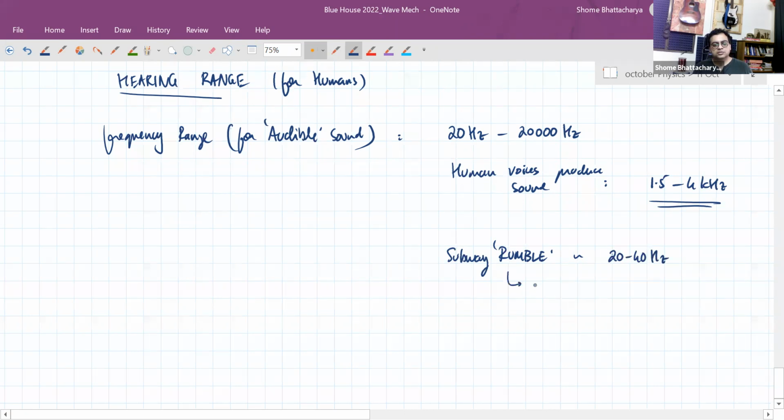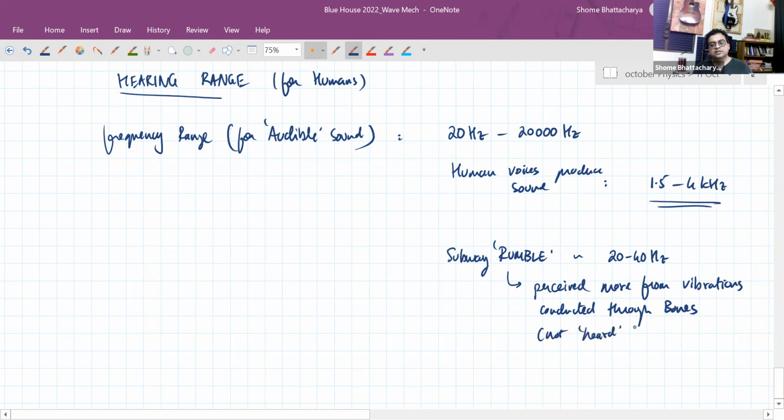It's actually not really heard so much by the ear, it's perceived more from vibrations conducted to the bones. But something in the region of 50 to about 200 hertz, this is like the bass frequencies.